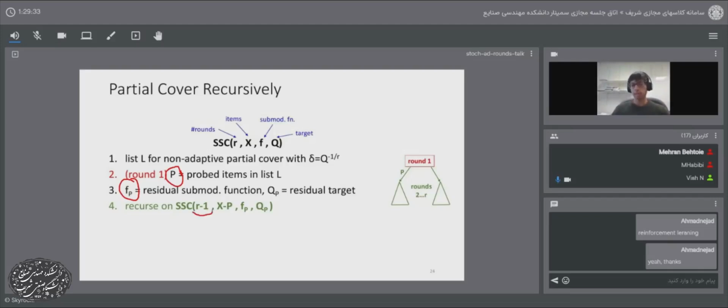So we have r minus one rounds, and we have fewer items because the items that we already probed, we cannot probe them again. So we remove those items from our list of original items. We have the residual submodular function and the residual target. So whatever we do recursively, those will be what we perform in the remaining r minus one rounds, that is round number 2 up to round number r.